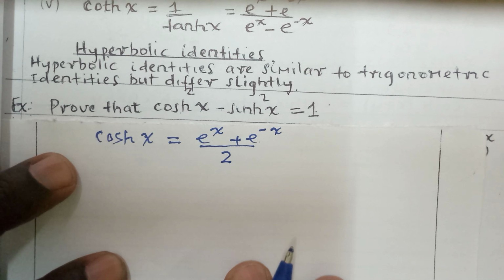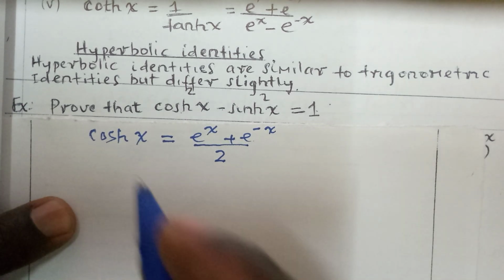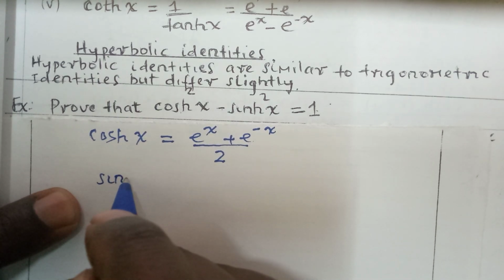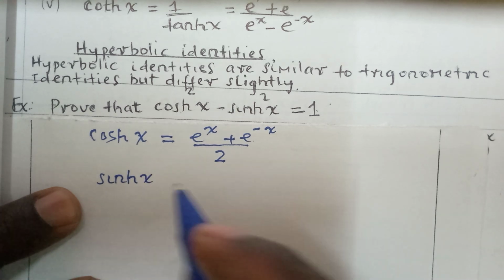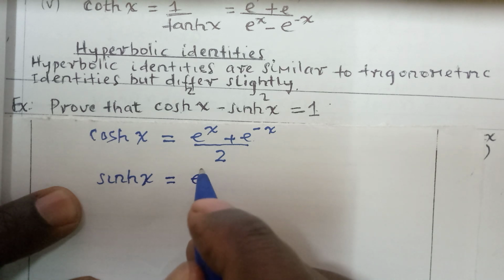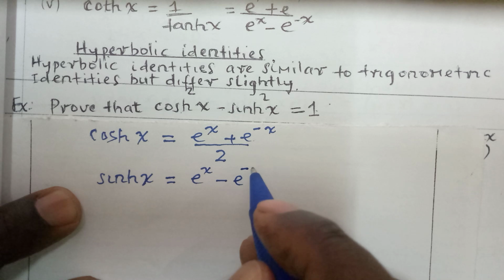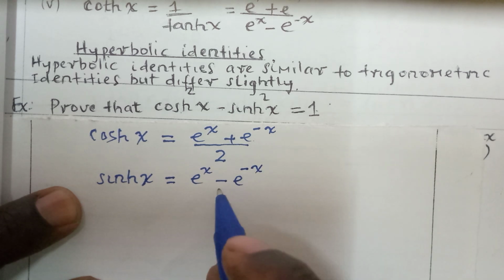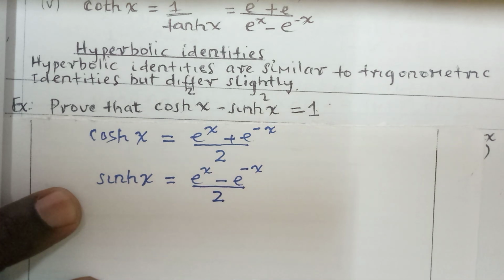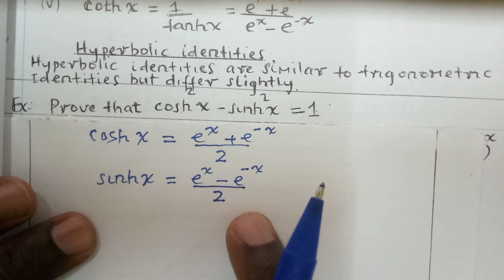For sine hyperbolic x, this one is equal to e raised to x minus e raised to minus x, all over 2. So we should note those two equations even as we continue to do our problem.